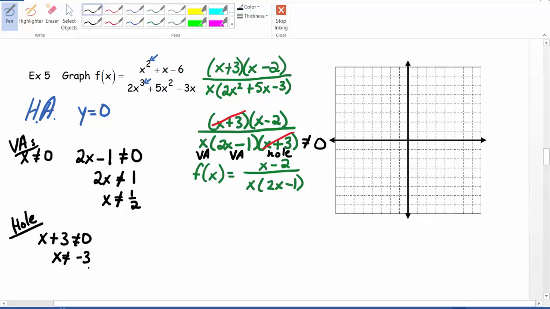We found the x value for which it can't be. But what we really need to do is determine the y value, because again, we are talking about a hole with an x, y coordinate point. Now how we actually find the y value, we just simply plug into our simplified version.